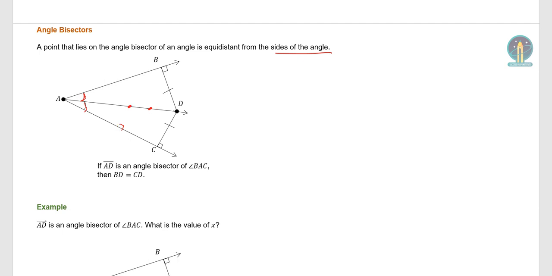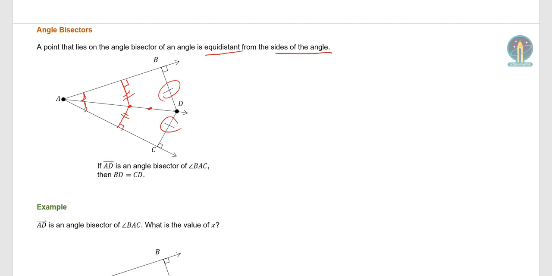It has to be perpendicular on the side of the angle. Like this, for example. This is perpendicular. Any such point is going to be equidistant from the sides of the angle. So this is equal to this, just like this is equal to this.